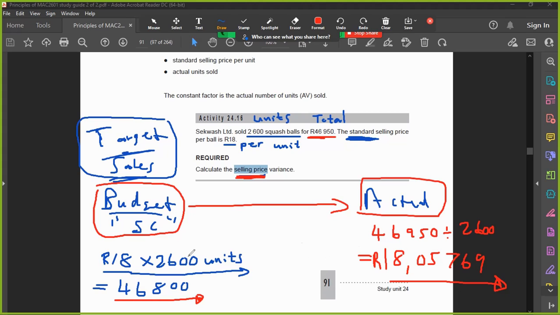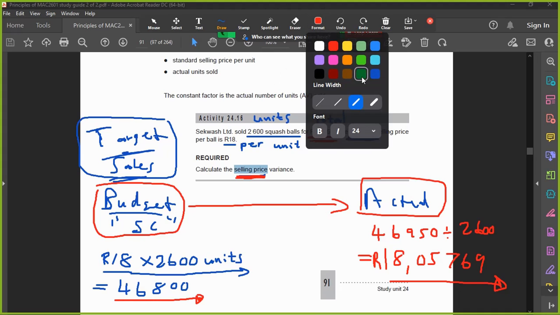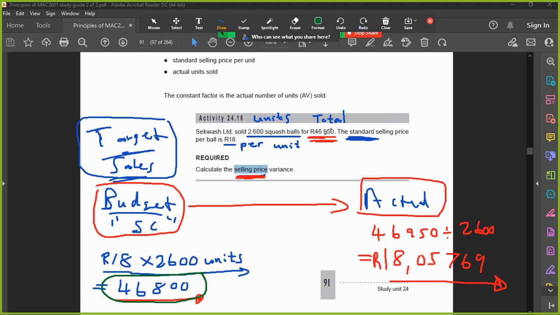In terms of what we had budgeted, we expected to sell each ball at 18 Rand a ball, but actually our revenue is a bit more than what we had budgeted. So this is a favorable variance. We just don't know how much favorable the variance is. Do you agree? Now, if you're looking at the situation, what is the variance going to be? It's going to be the difference.